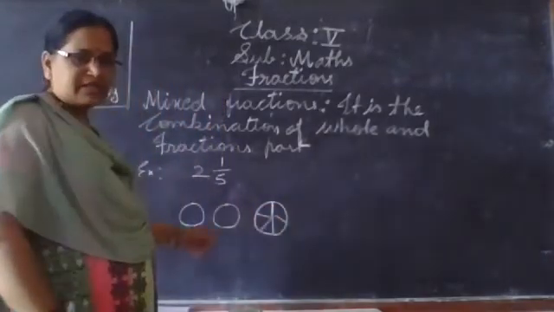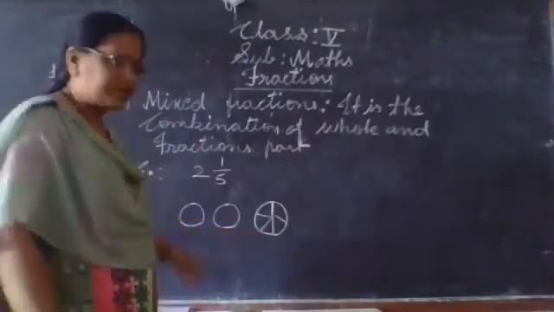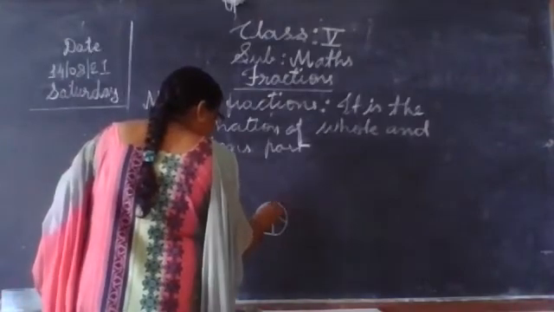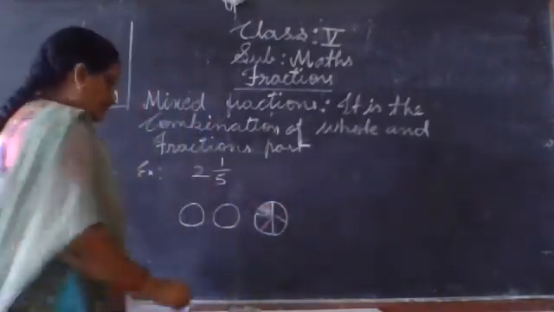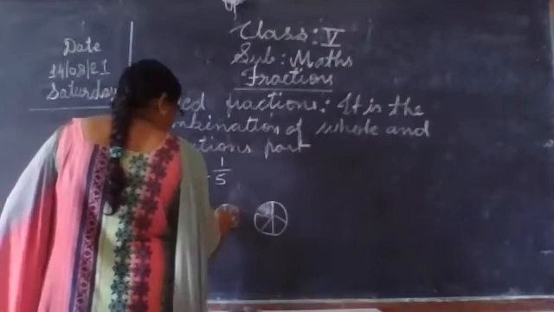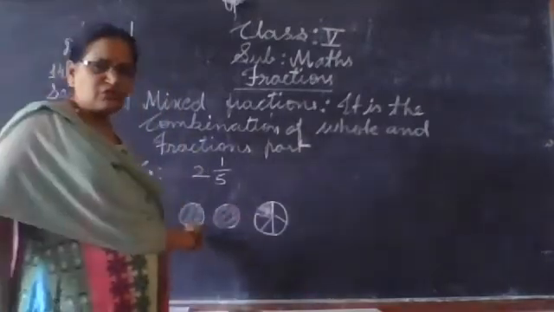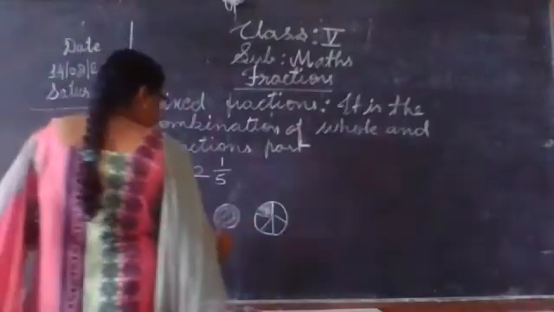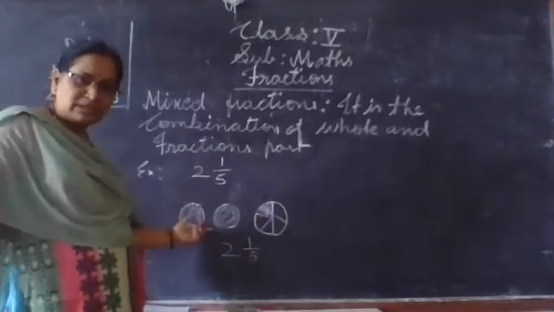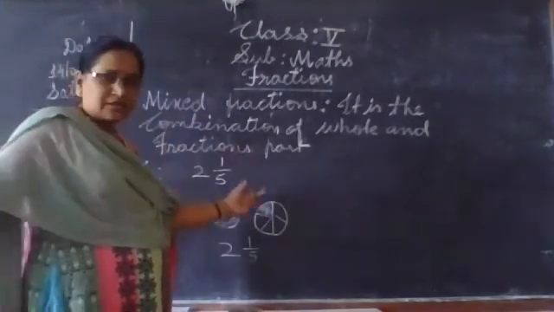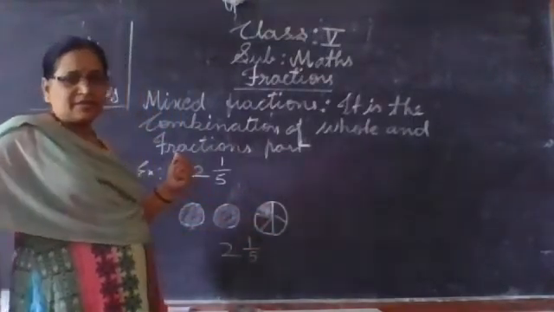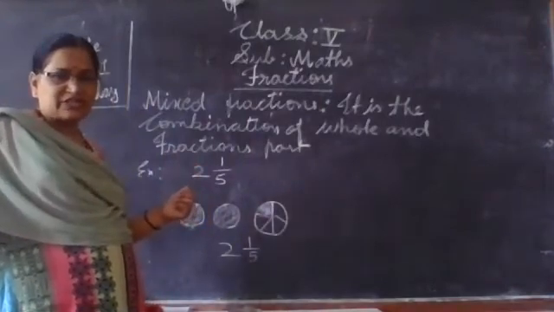So the third one is divided equally into 5 pieces, and out of this total 5, one is taken. See beta, so the fraction for this figure is 2 integer 1 upon 5. Here 2 is the whole number, 2 whole chapatis, and one part out of 5 from the third. So it is what? Mixed fraction.